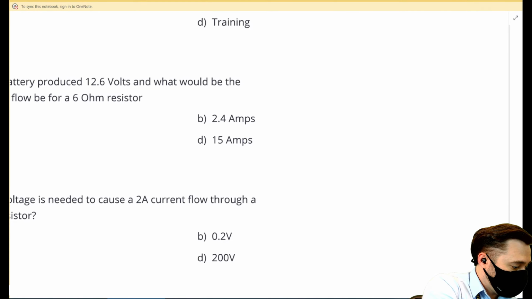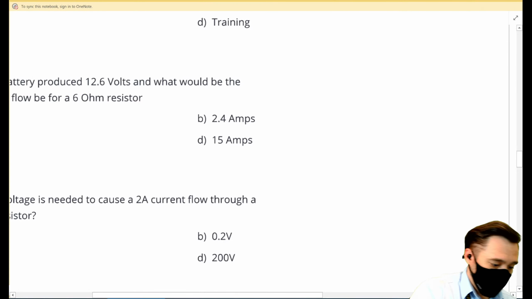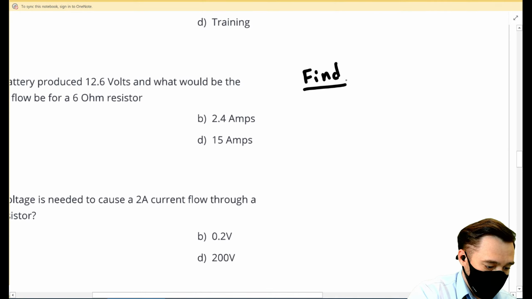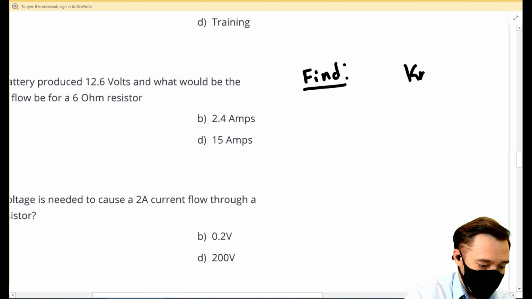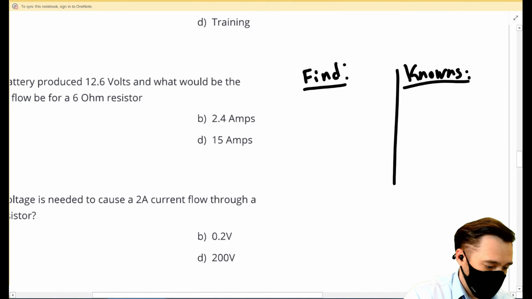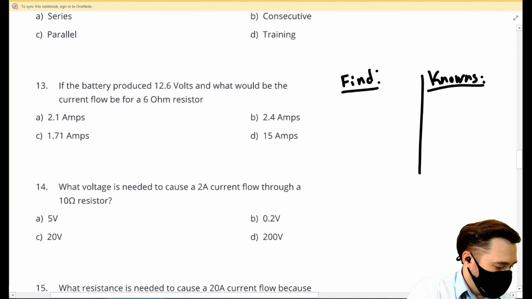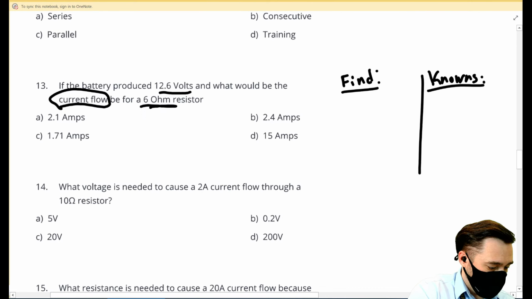So that's our find. If a battery produces this many volts, what would the current flow be for a 6 ohm resistor? All right, so the current flow.